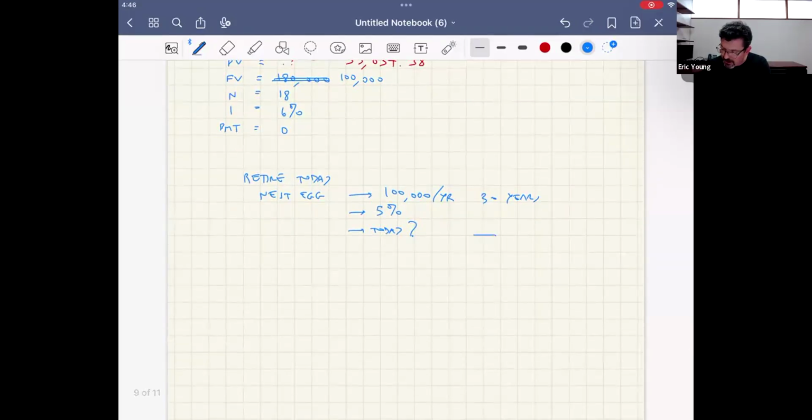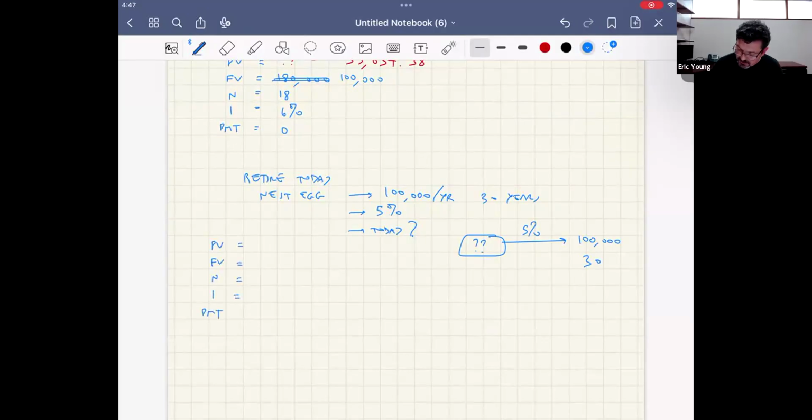We want to have an amount of money right here so that we can generate $100,000 per year for 30 years while the money is growing at 5%. Okay, let's break this down. PV, FV, NI, and PMT.